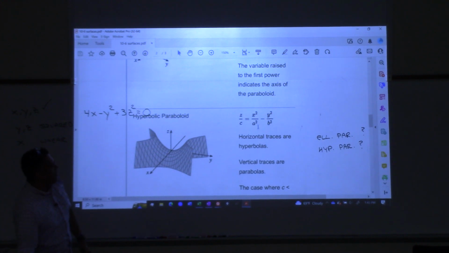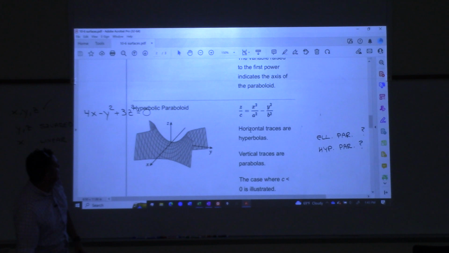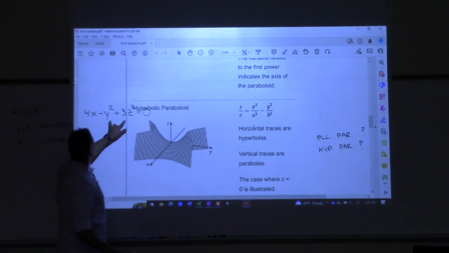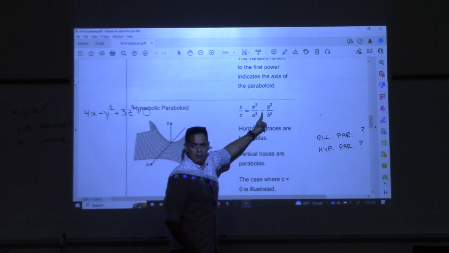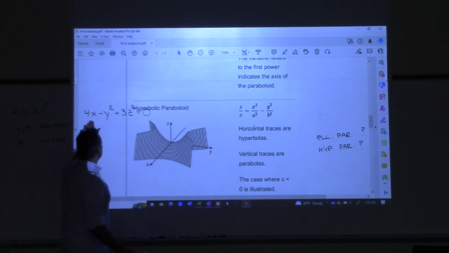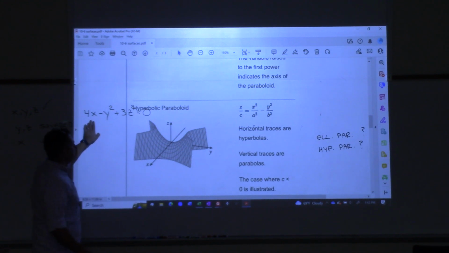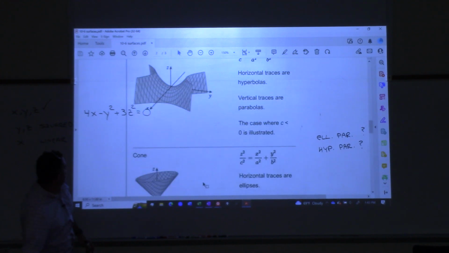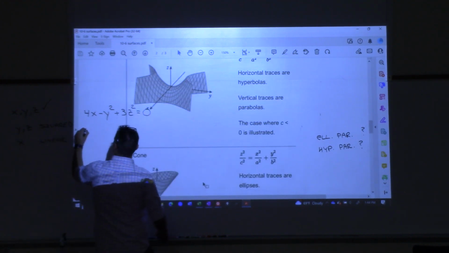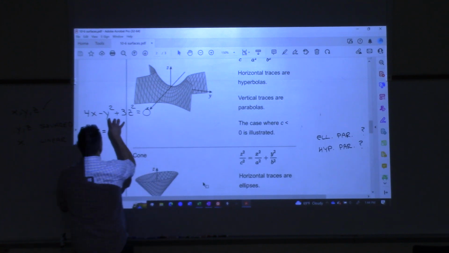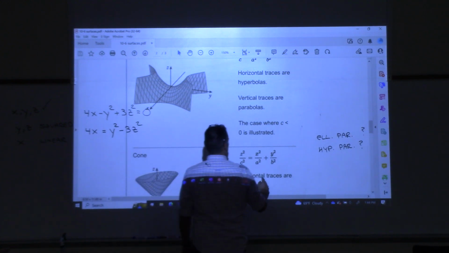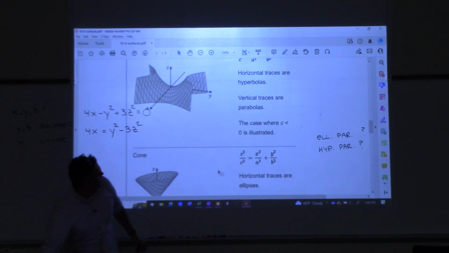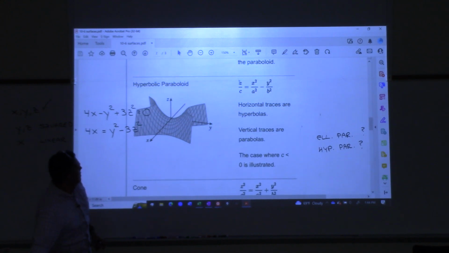And bringing up that sheet from here. Look at that. We said it could be a hyperbolic paraboloid. I've got two of the variables squared, and there's a subtraction symbol between the two, and the other one would be on the other side, positive. I'm thinking it's probably this because I can rearrange. Let me leave the 4x on this side, and move these two to the other side, so you get y squared minus 3z squared. Do you see I'm trying to get it to look like this?